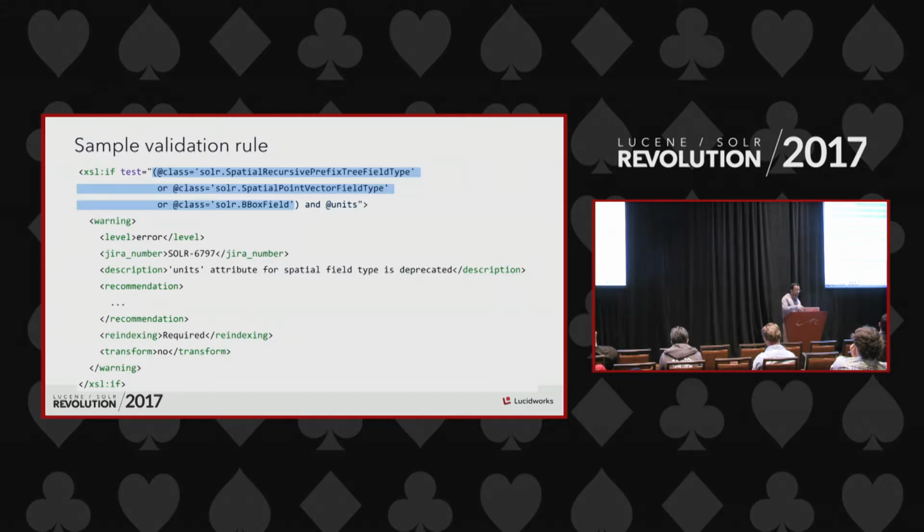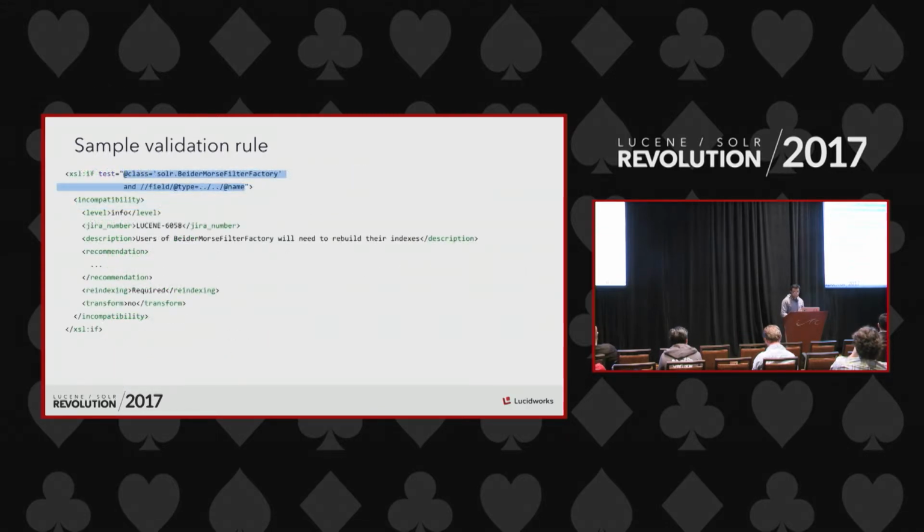You have to re-index, and the recommendation, which I skipped because it was not fitting in the proper format, would be that you have to use the distance unit instead of the units attribute. So this is the error level change. That means the tool doesn't know exactly how to proceed, and the user who is using this particular collection should know what type of information they want to store or query.